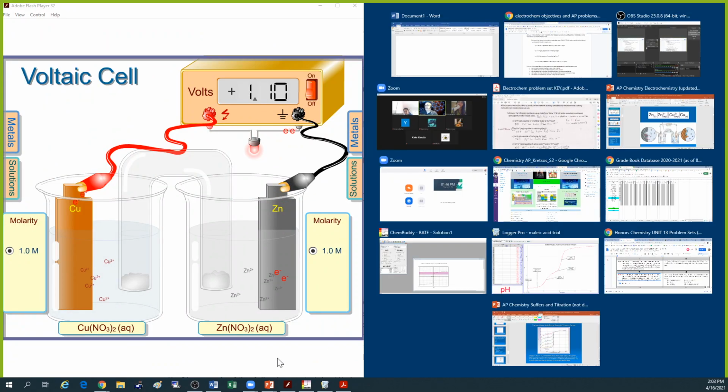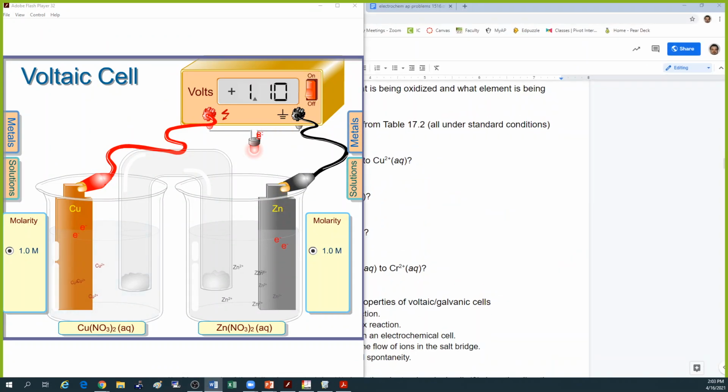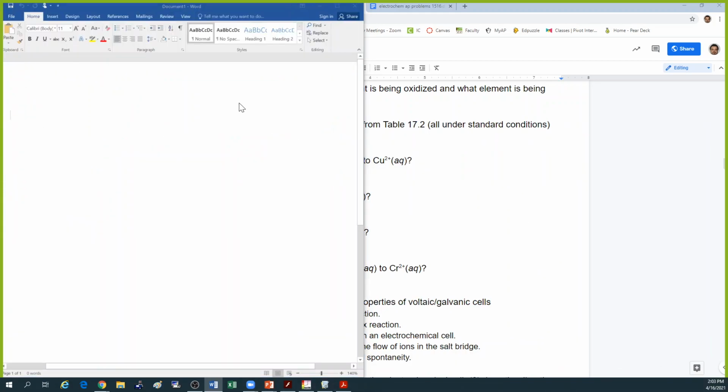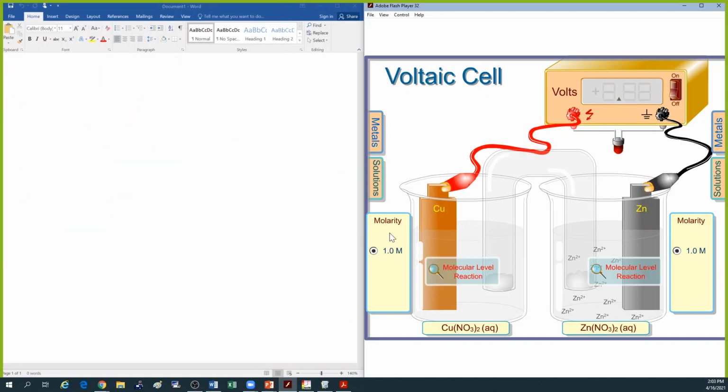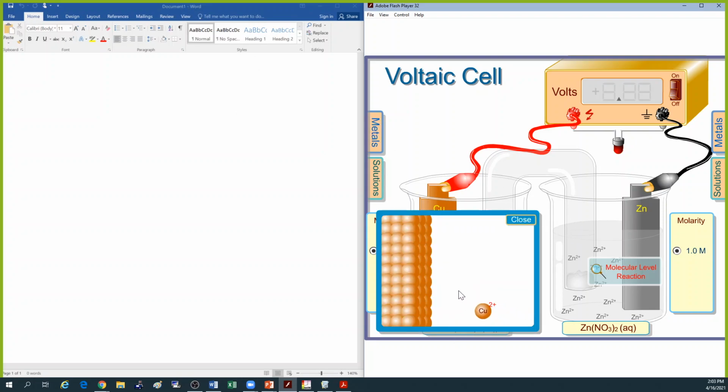So while that's running, let's lay out all the pieces that we learned about this last time. So the first thing we said obviously is the image of the cell and the layout, but at the molecular level, we can see at one end we have electrons being transferred in, and they are reducing ions to their metallic form.